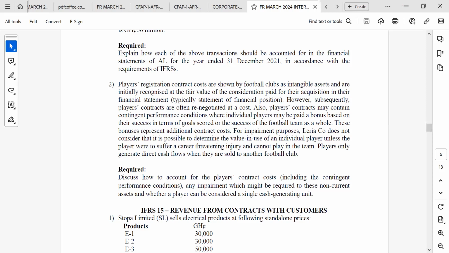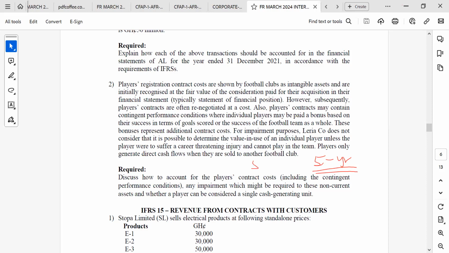Like maybe I'm a Man City fan, so a club like Man City, the time that we bought Haaland, we paid the transfer fee. The transfer fee is for the player. So maybe we sign a 5-year contract with Haaland. All things being equal, we assume that Haaland is going to be with the club for 5 years.